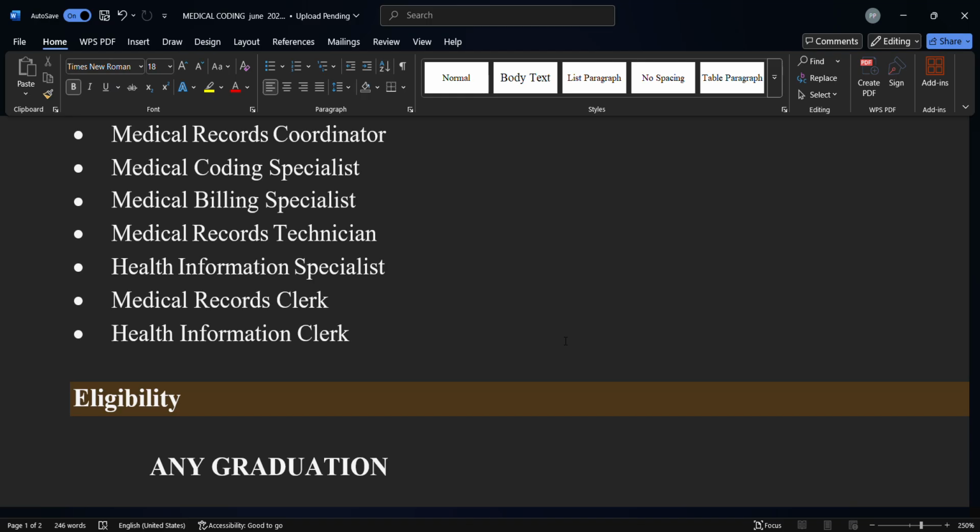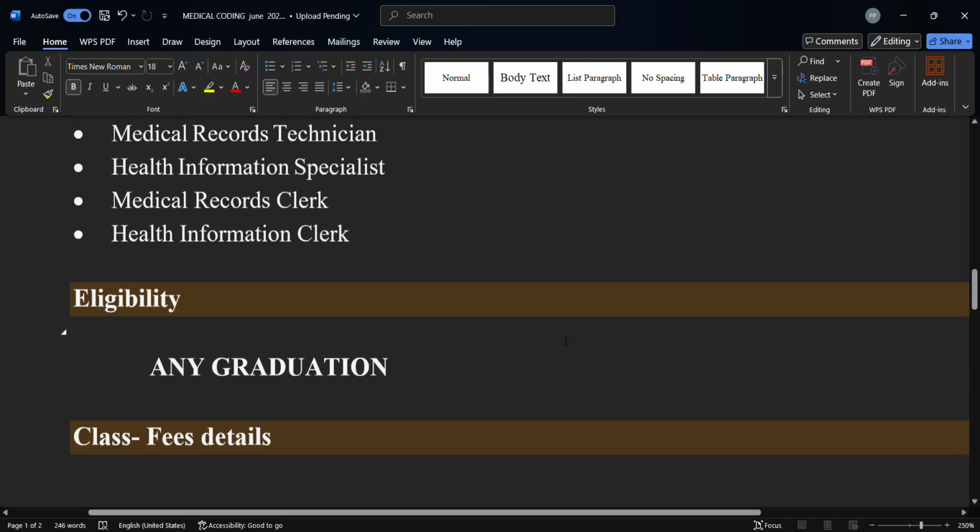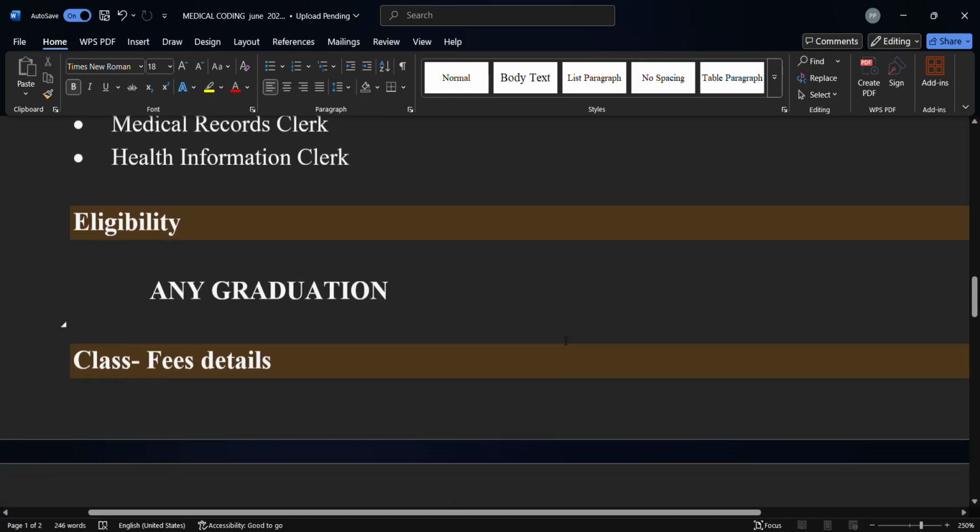Graduation is a mandatory thing in medical coding, because nowadays when you attend interviews, they are asking about graduation. Graduates can study medical coding, and both non-science and science backgrounds can apply for this course.